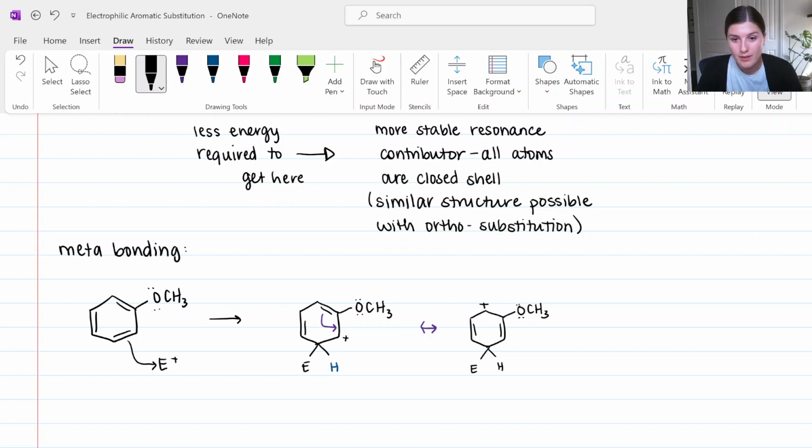We could do the same thing, shift a pi bond over to move the carbocation to another carbon around the ring, but there's really no way for the electrons on the oxygen to then be donated into the ring. Let me erase this arrow real quick. Just say hypothetically, so I'll use green here, if we add electrons to create a double bond there, then we need to move these electrons away somewhere, but they can't create a pi bond here because we have an sp3 carbon where the electrophile and the hydrogen are.